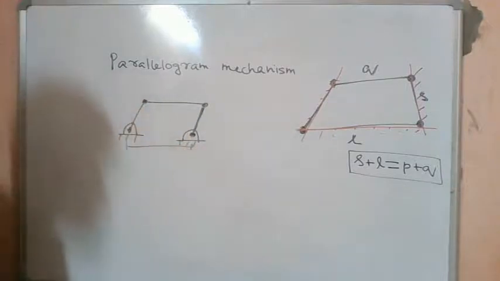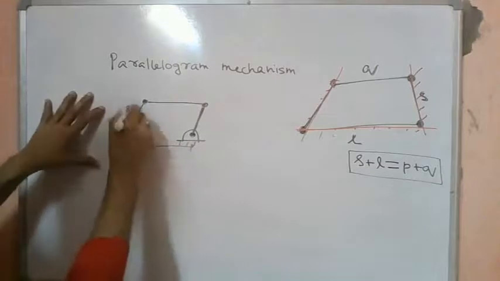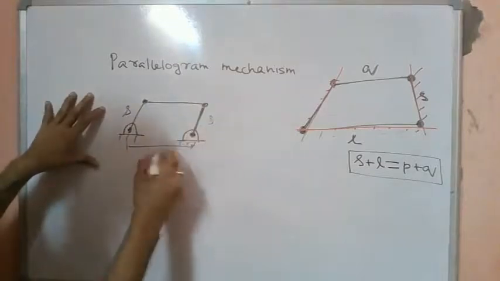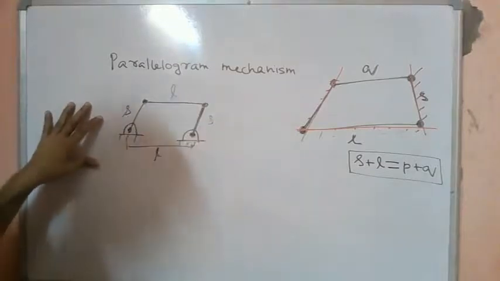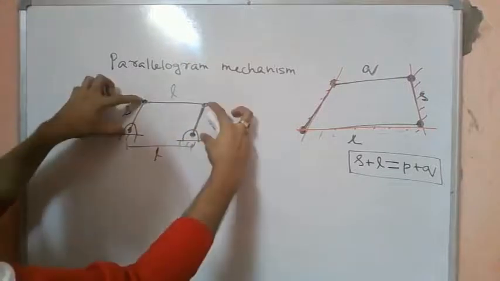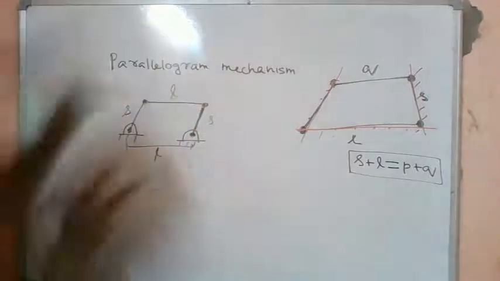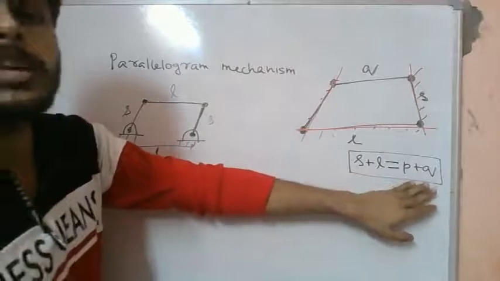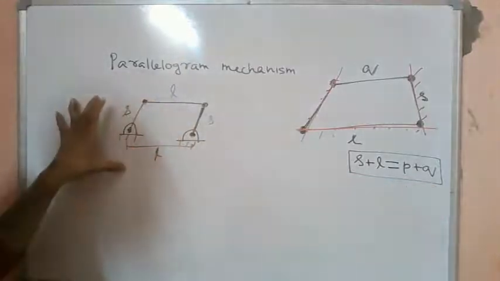You see this length and this length are equal, whereas this length and this length are equal. These two link lengths are equal and these two link lengths are equal. So in that case this equality will be satisfied. So this is what we call a parallelogram mechanism.